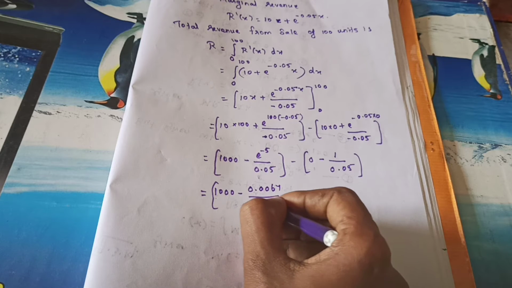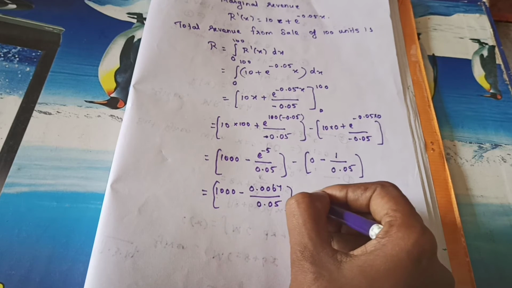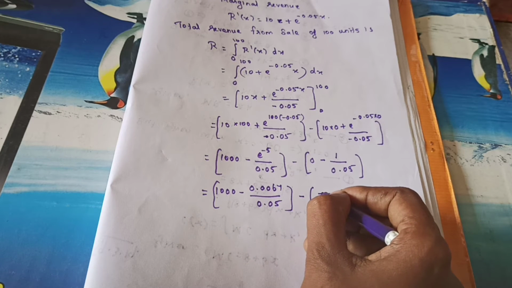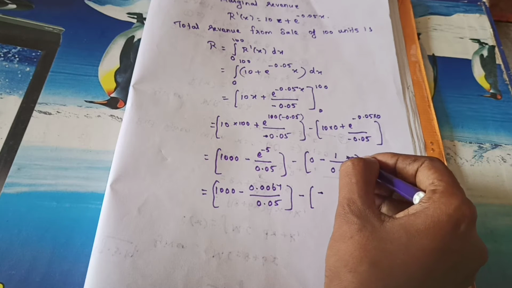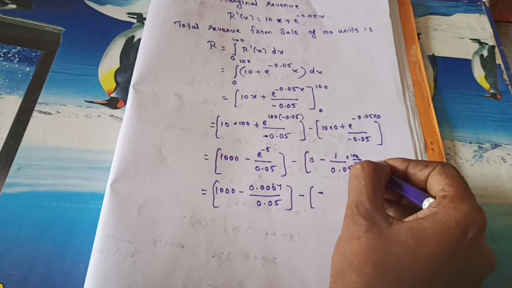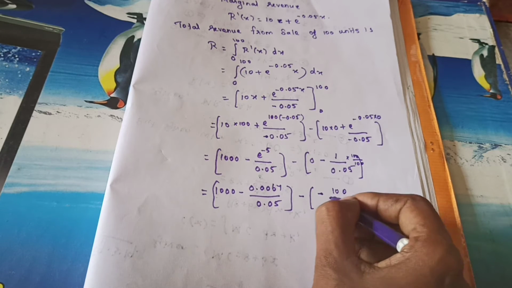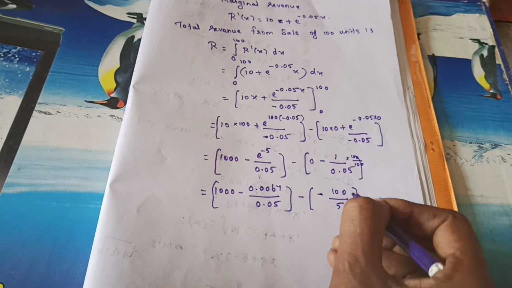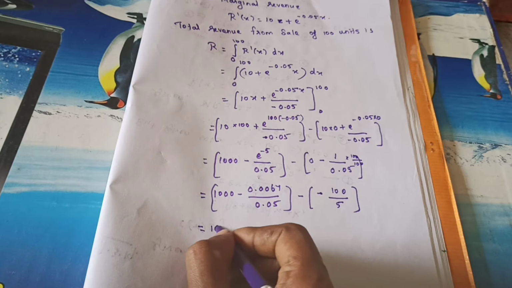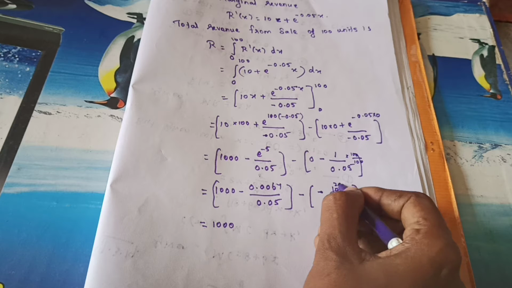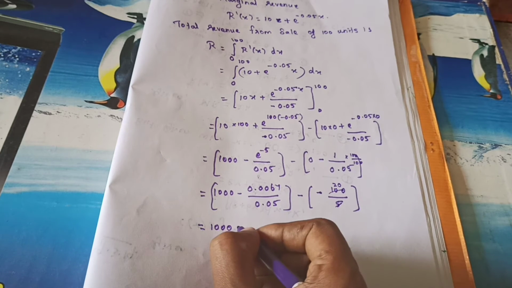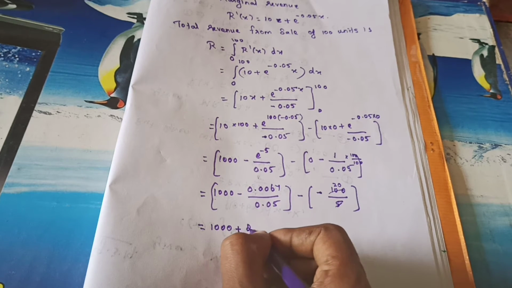1000 minus e power minus 5, the value is given as 0.0067, divided by 0.05, minus 0, minus. If you multiply both numerator and denominator by 100, you get minus 100 by 5, so that's equal to 1000 minus into minus, so it will be plus 20.